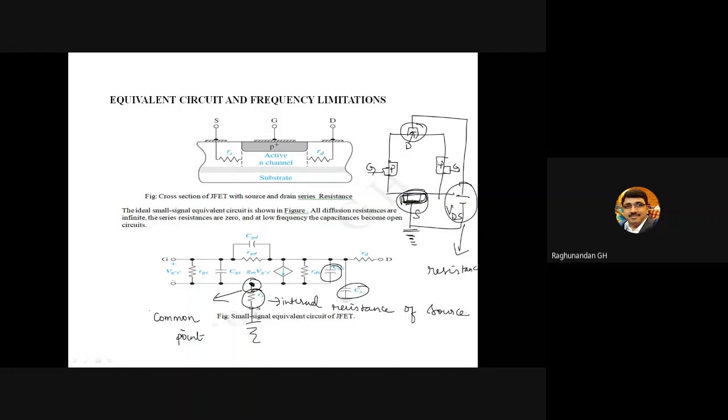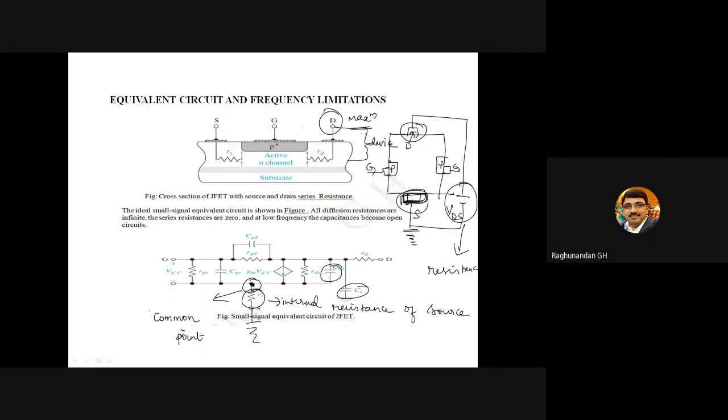So the current which is obtained at the drain will be maximum. Since we will be connecting the load, or a device which wants to have the current towards it, that device will be connected to the drain.